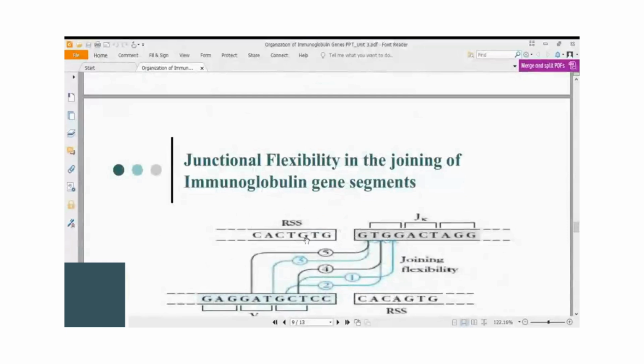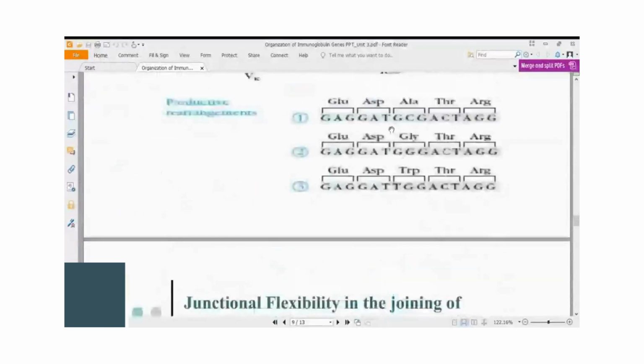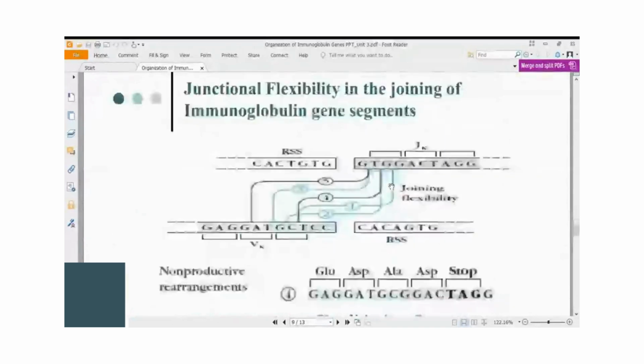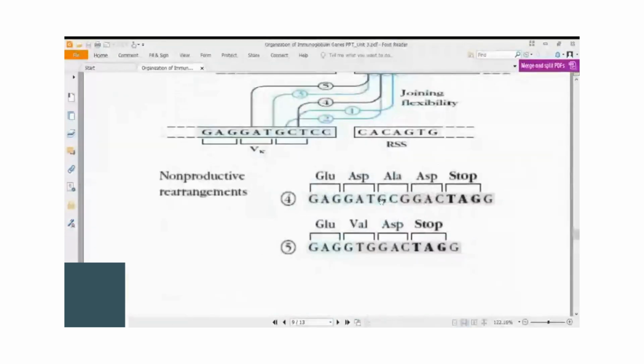When the recombination takes place, because of the recombination signal sequence, it will result in some productive peptides, which are here. 1, 2, 3 are productive peptides with difference in amino acids. And 4 and 5 are non-productive peptides, which are useless to form the light chain of the kappa chain.